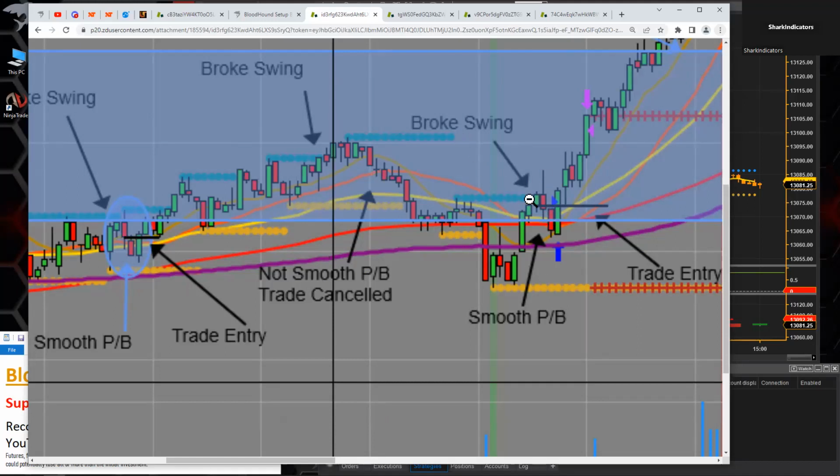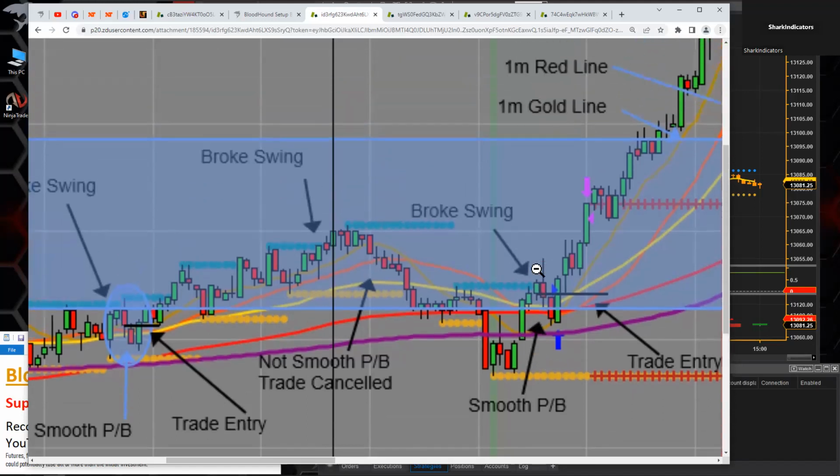All right, yeah. So here's another example. So we have our swing high here. We have an up bar that breaks it, another up bar that goes higher, and then we get a down bar, and this down bar goes higher. And so once we start getting down bars, that's when we need to have this smooth pullback.